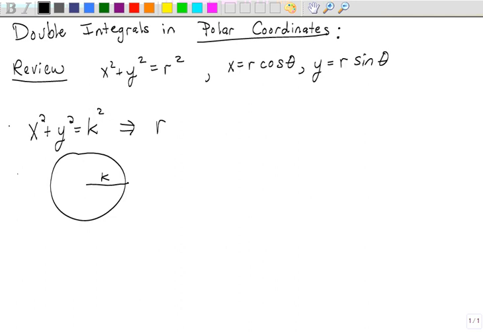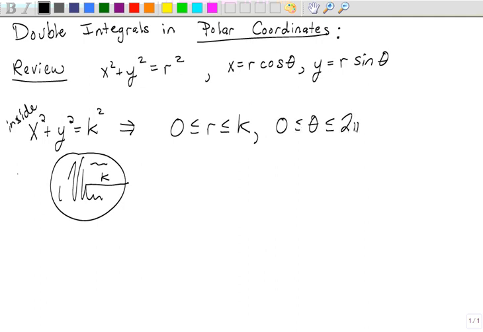Or if we want everything inside the circle, then we want the radius to be between 0 and k, inside and the boundary, and theta can go from 0 to 2 pi. We want it to go around the whole circle. So we'll get the whole circle as we go from 0 to 2 pi, and the r part gives us the inside of the circle.